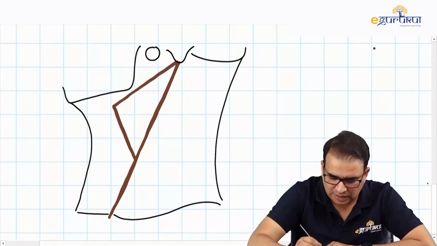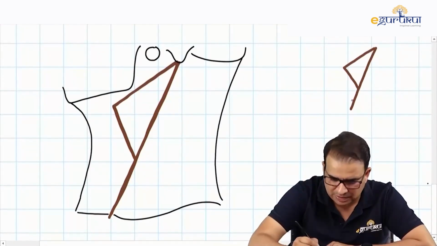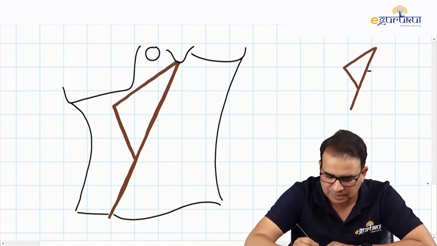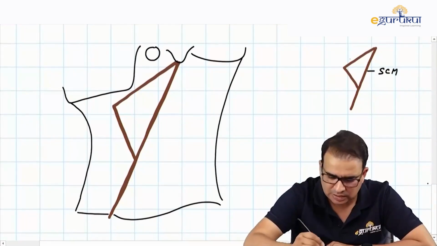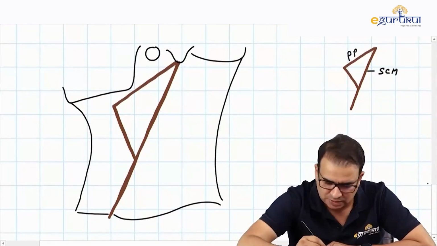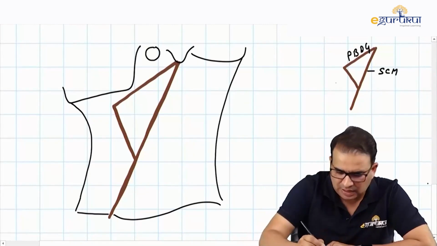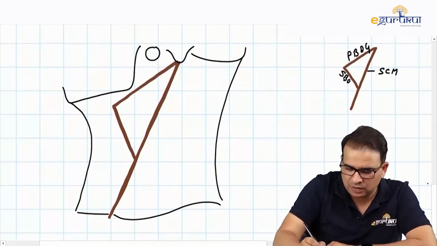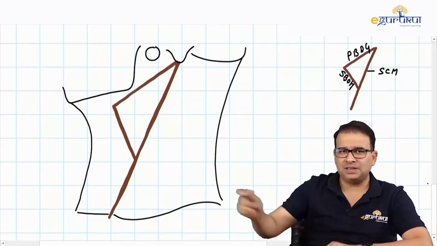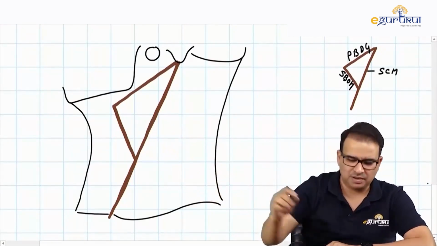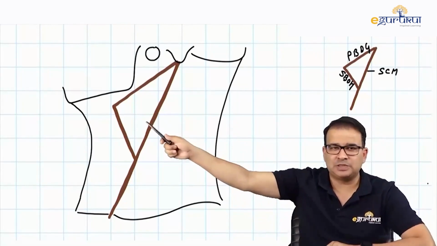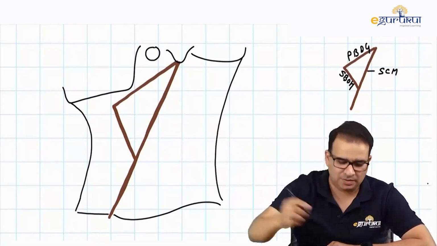Just for your understanding's sake, I'm going to stretch this diagram separately so that you can see the names of the muscles. This is sternocleidomastoid, this one here is the posterior belly of digastric, and here we have the superior belly of omohyoid. We don't want to spoil this diagram here, so I'm just writing it separately.